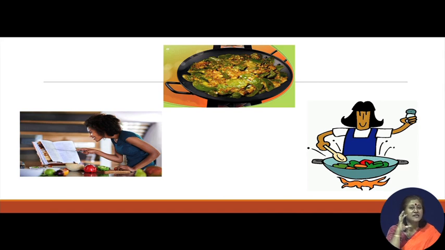The picture idea of cooking this vegetable is in her mind. She is just cooking, so this lady's style and this lady's style are totally different. One is following the step by step method, another is following the picture idea from her experience.